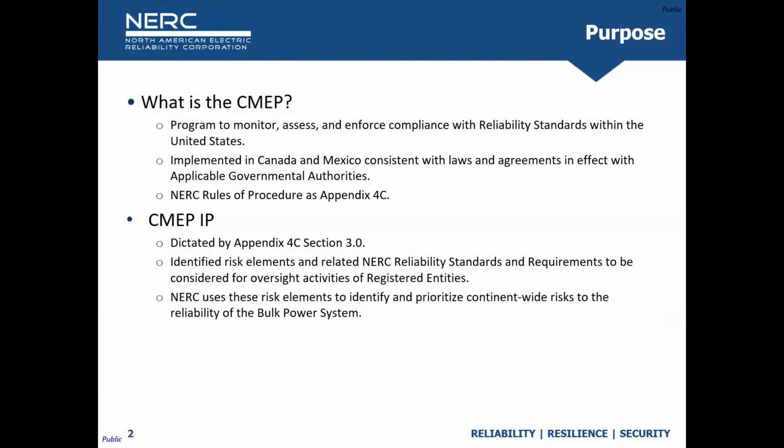In order to identify risk elements, NERC will consider data including but not limited to emerging risk, compliance findings, event analysis experience, data analysis, and the expert judgment of NERC and regional entity staff, committees, and subcommittees. NERC uses these risk elements to identify and prioritize country-wide risks to the reliability of the bulk power system.